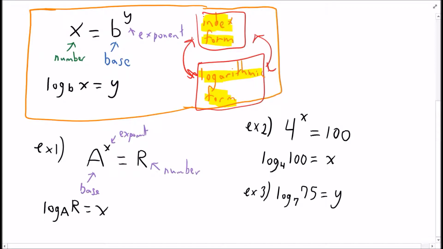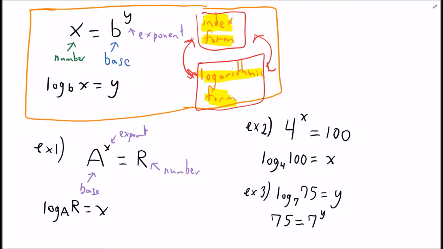And what I want to do for this one is change it back into index form. So to go back into index form, we write the number first, and in this case my number is 75, equals the base, 7, to the exponent, and the exponent is y, because remember logs always equal an exponent.